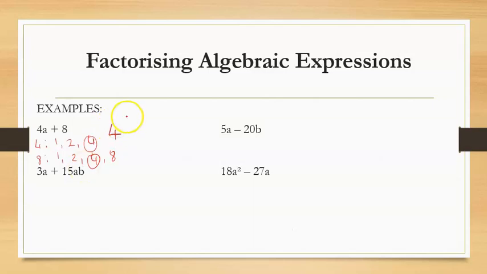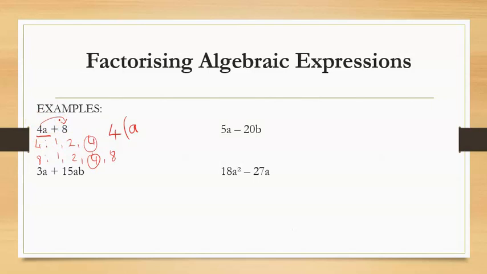So you write the 4 and then you open the brackets. You look at 4a and you say, 4 multiplied by what will give you 4a? Well, 4 multiplied by a will give you 4a, so you start the brackets with a. And then you say, 4 multiplied by what will give you 8?